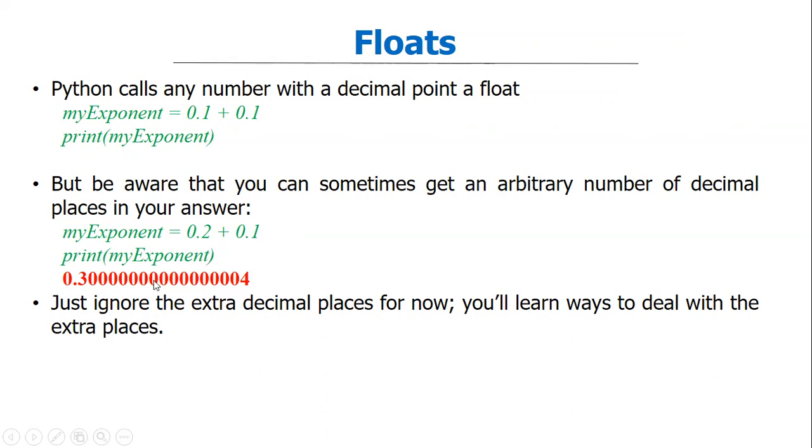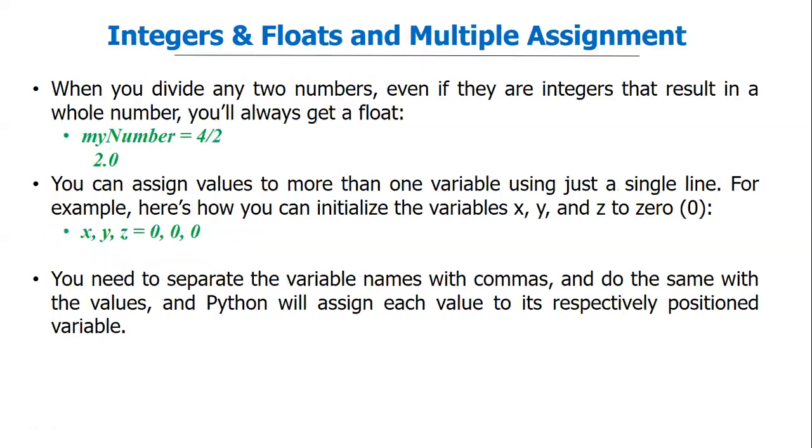You realize that we have a lot of decimal places there, and for now, just ignore the extra decimal places, okay? You will learn ways to deal with the extra places in our subsequent tutorial, when we are tackling a particular project, where we will show you how you can get rid of these decimal places.